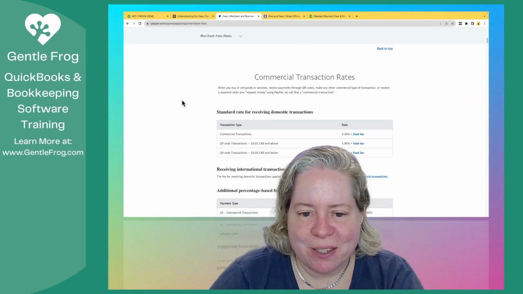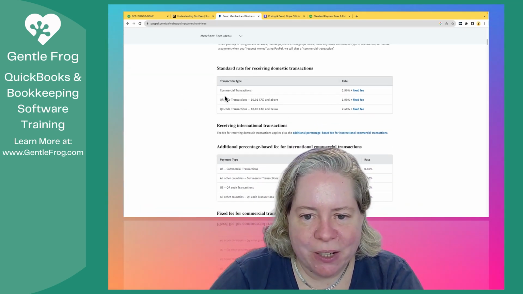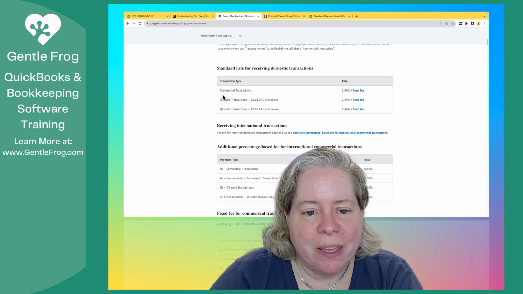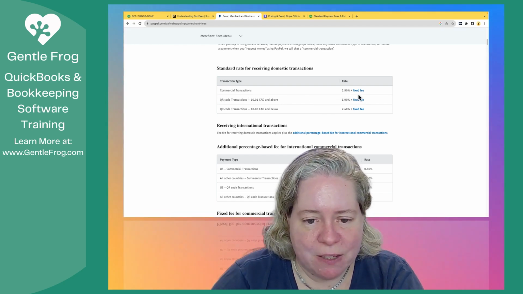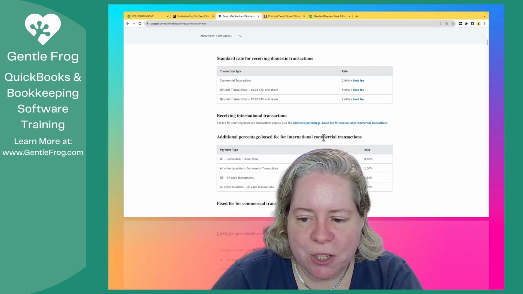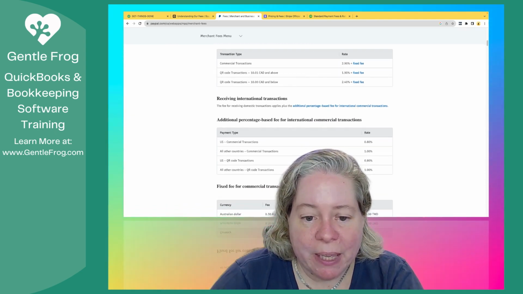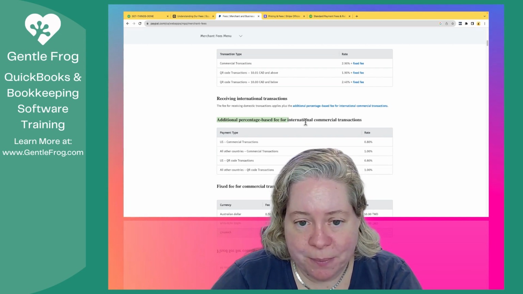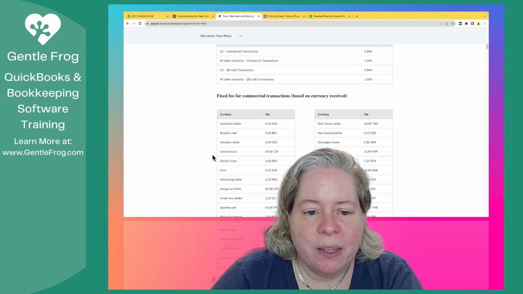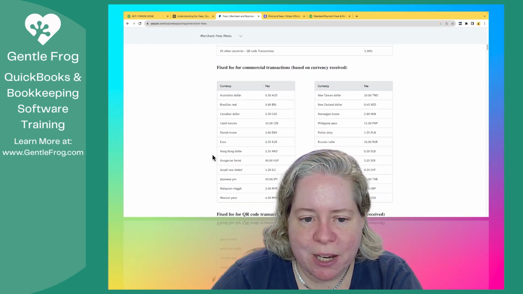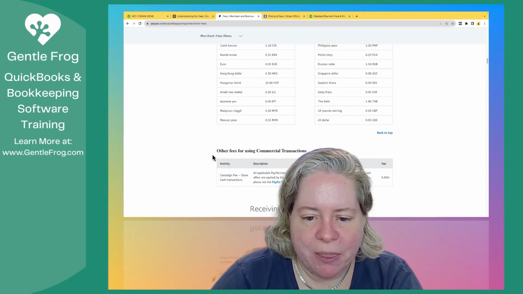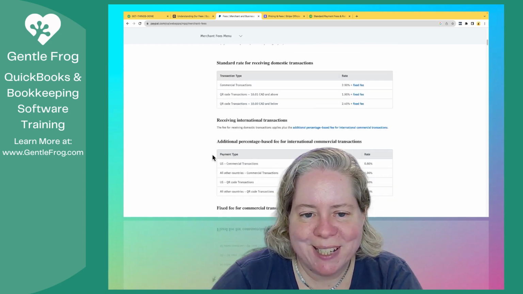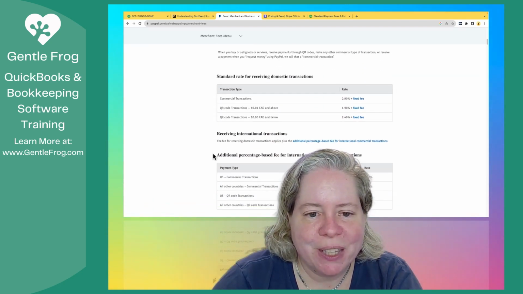Let's go to PayPal Canada next. I'm just going to go ahead and scroll down. So here are the fees. Commercial transactions, 2.9% plus a fixed fee. International transactions, additional fees, right? So you've got a little extra there. Fixed fee for commercial transactions based on currency. There's a lot of amazing stuff here, but I think what I want to focus on is the credit card processing.